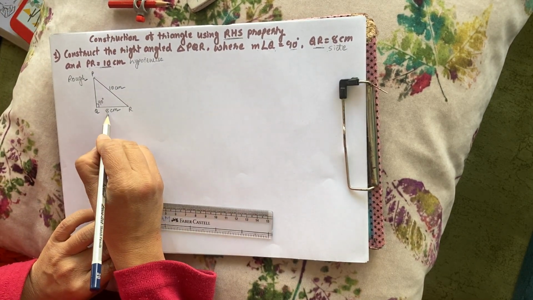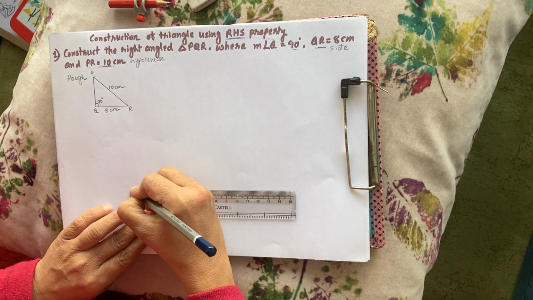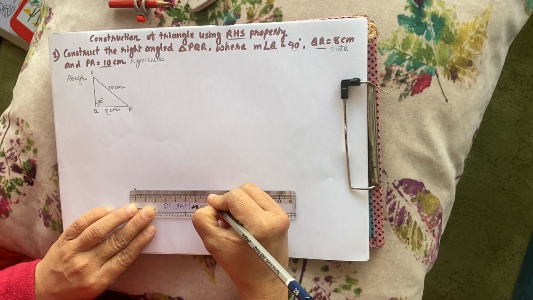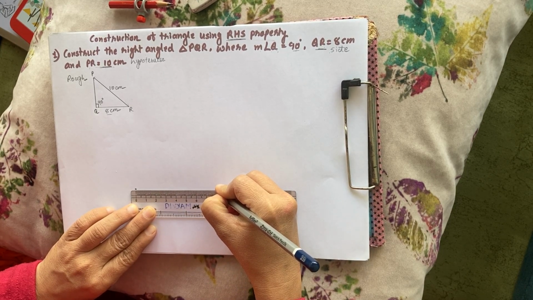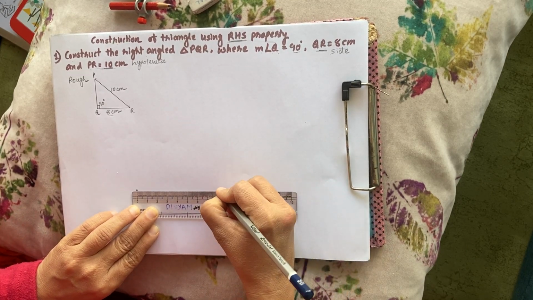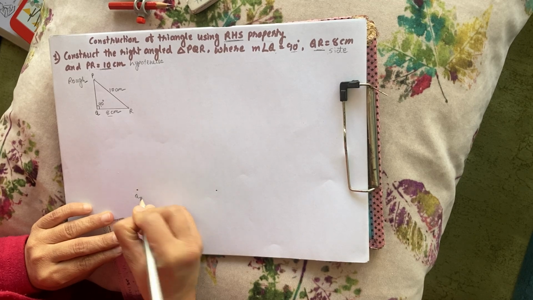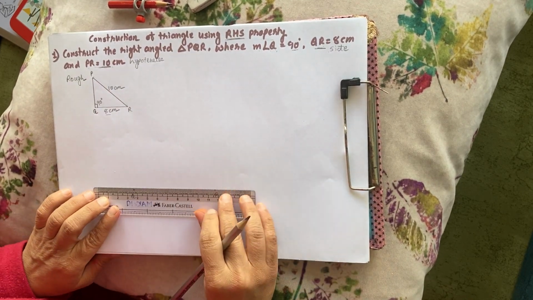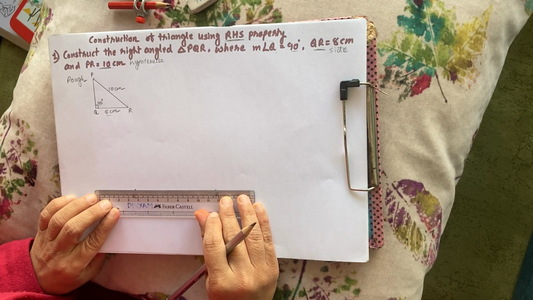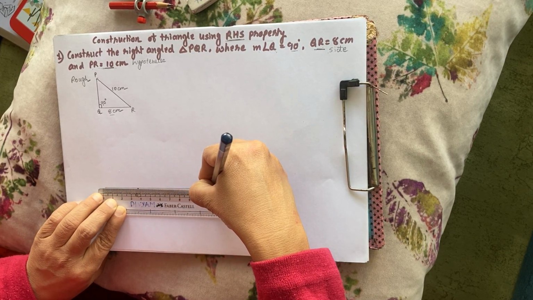First of all, I have to draw QR of 8 centimeters. So this is my 0 and this is 8 centimeters, and I will join this line. But before I join it, I will draw this line segment a little bit more than QR.